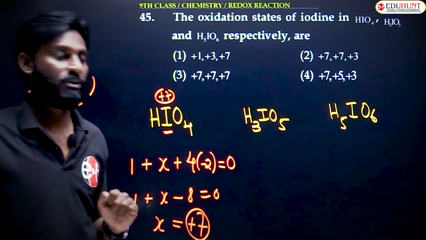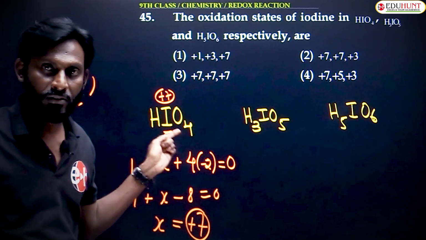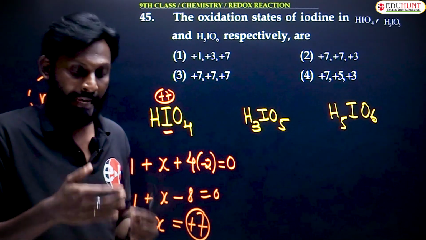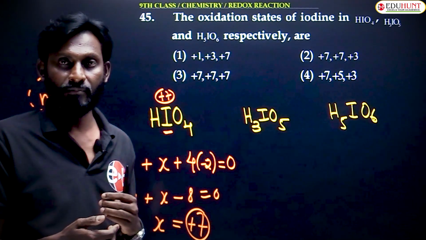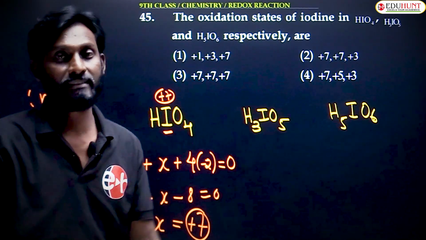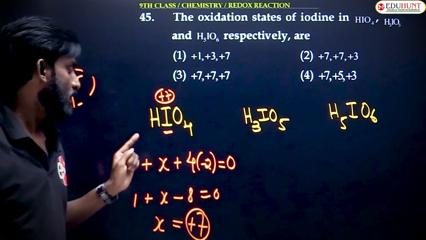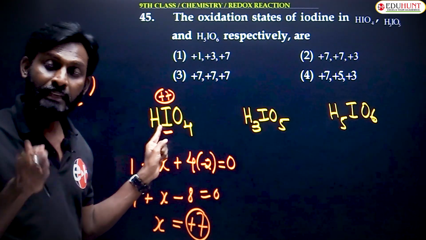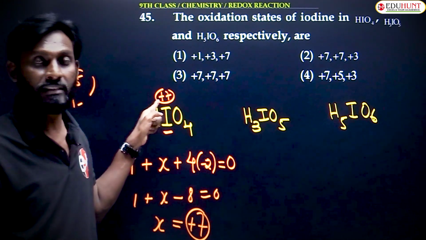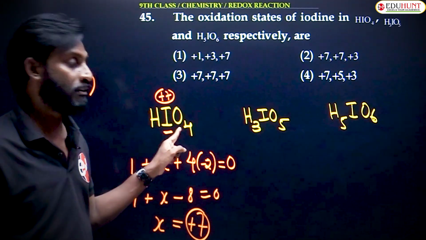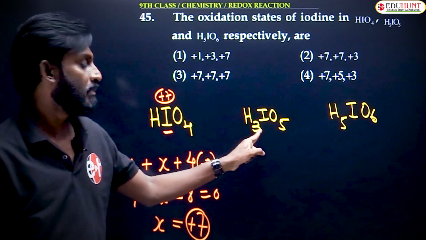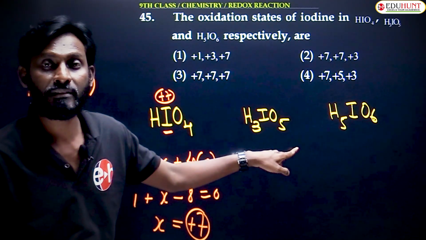Listen to my words carefully. With 4 oxygens, you know very well, when an element bonds with oxygen, the element will get oxidized because oxygen will grab electrons. So this iodine is in its maximum oxidation state plus 7 because of the 4 oxygens. Now what happened here? One more oxygen.